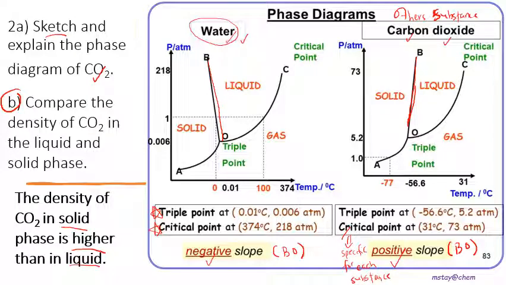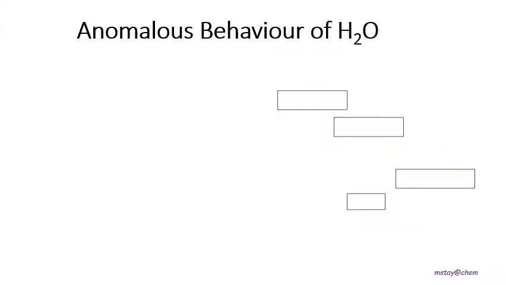This is different from water. For water, the density of ice, solid, is lower than the density of water, H2O, in liquid form. Now, let us describe why water shows anomalous behavior.